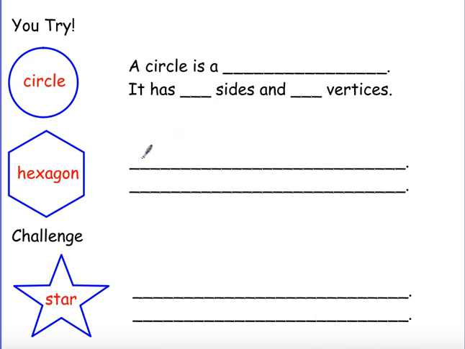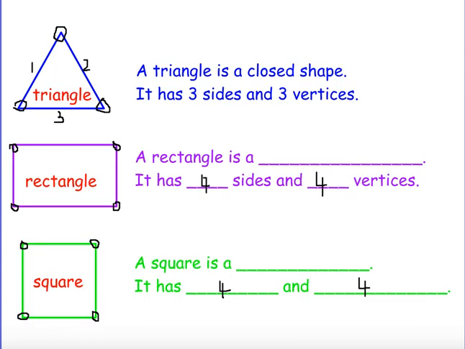The second one, you need to write it yourself. If you feel this task is easy, you can go for a challenge. I'm going to ask you to define a star by counting how many sides and how many vertices a star has.